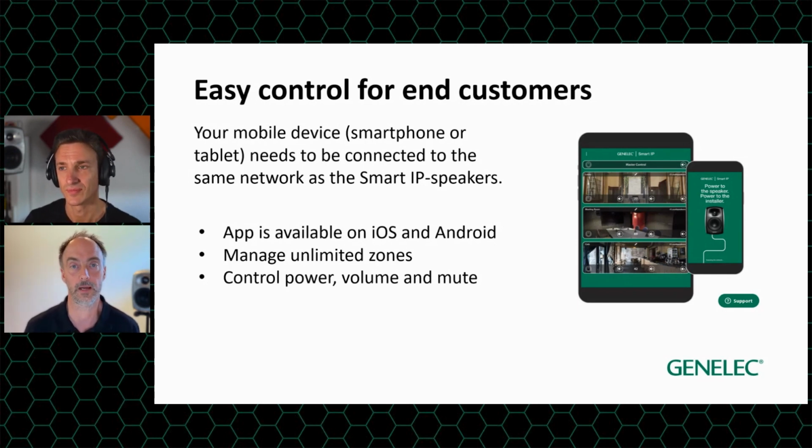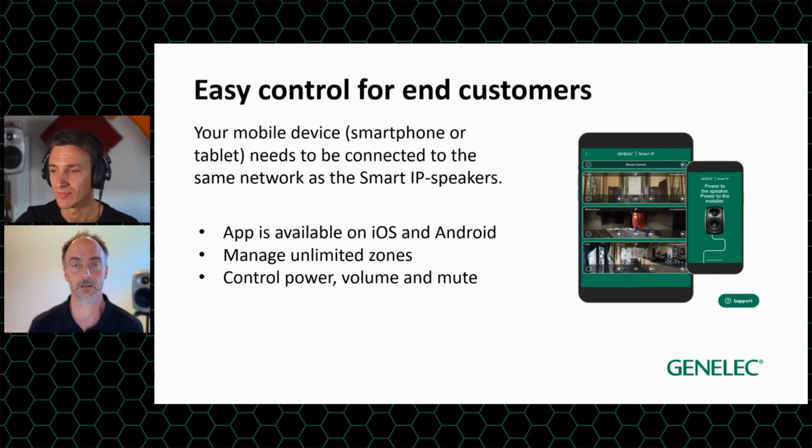And you can have the bar on a separate controller. And you can leave the corridors uncontrollable. So you can just set the levels and everything in the corridors and not let the end user control that at all, because that should always be at the same audio level.